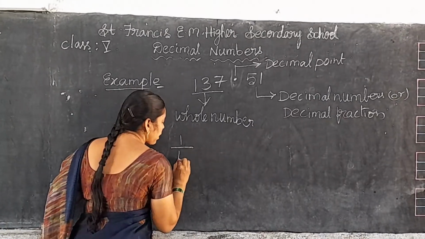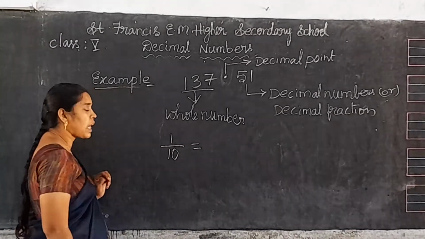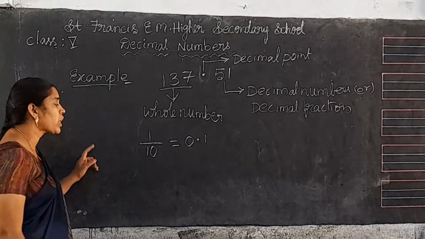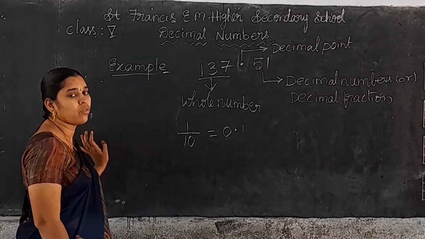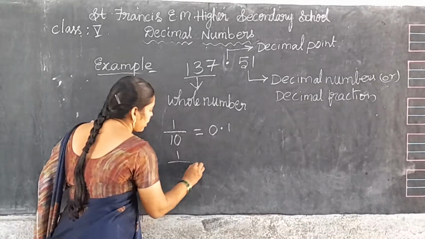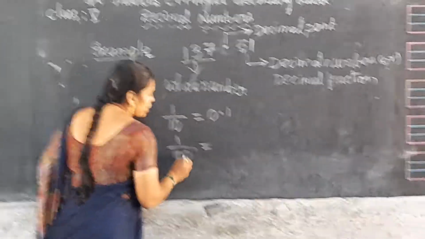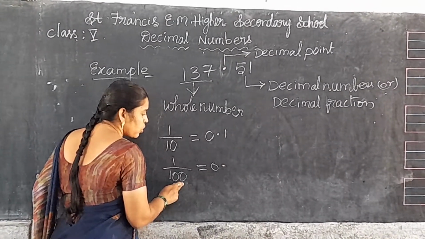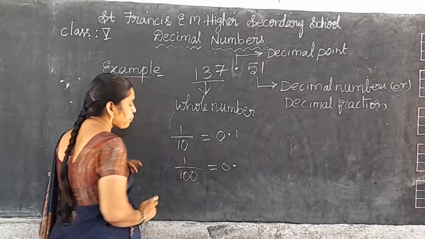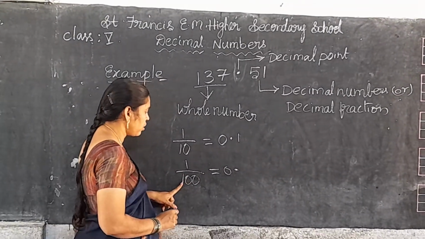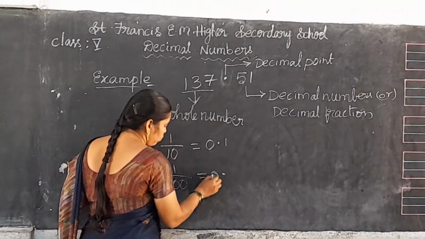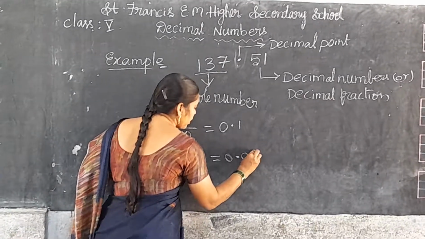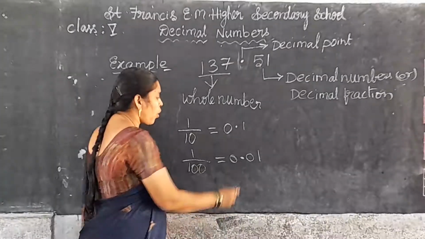See here, 1 by 10 can also be written as 0.1. 1 by 100 means here 1, so 0. How many zeros are in the denominator? 2 zeros. Instead of the denominator, you should write the point. 2 zeros means point after 2 numbers.